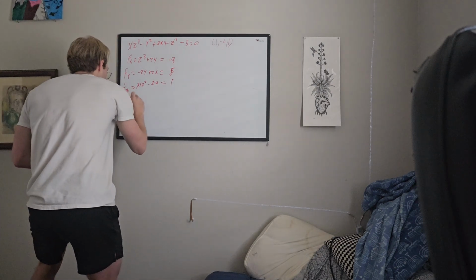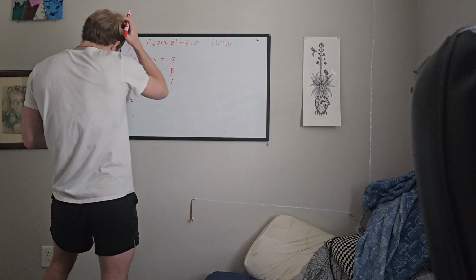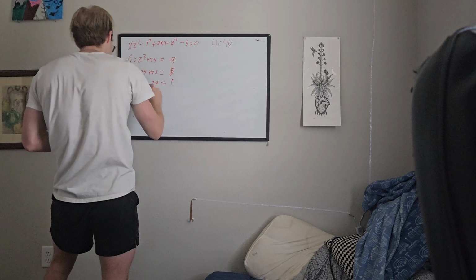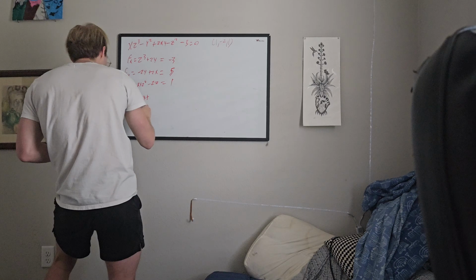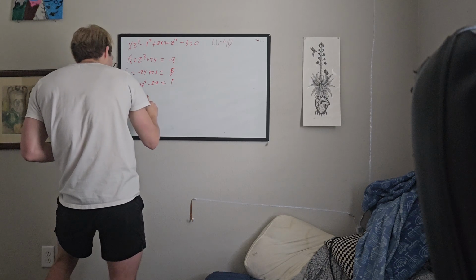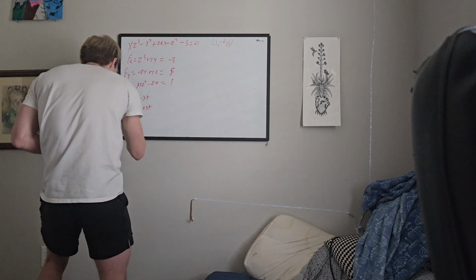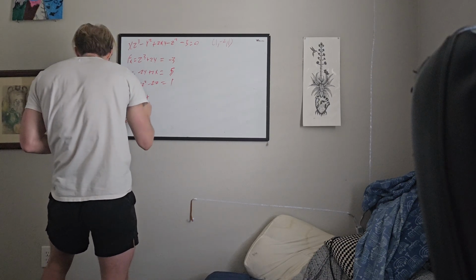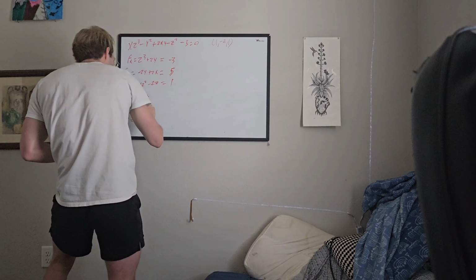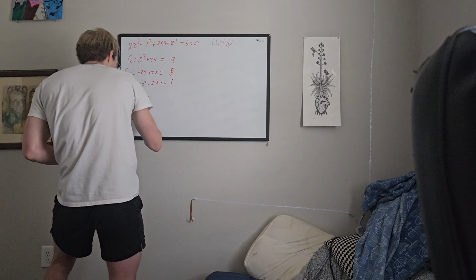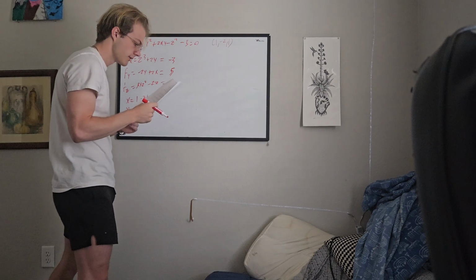So x is equal to x naught, which is 1, minus f of x, so -3, times t. y is equal to -2 plus 5t, and then z is equal to, what is that? 1 plus t.